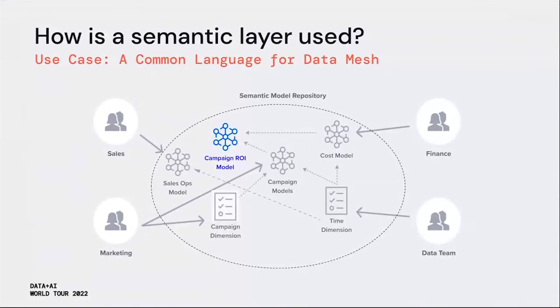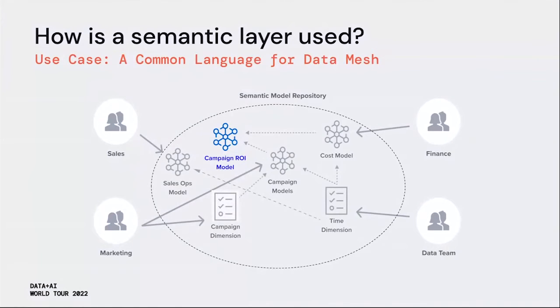So just like Lego building blocks, we can click these together. And just like a good programmer loves encapsulation and abstraction, the semantic model provides that same capability of abstracting away the details and encapsulating all the business logic within these models.